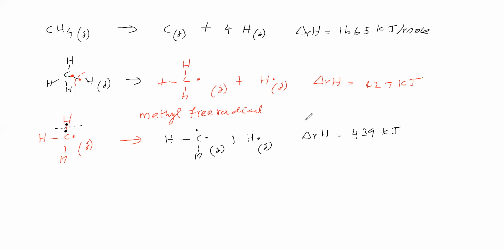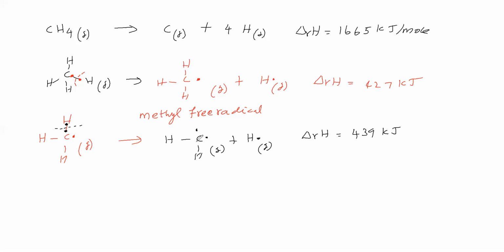What is the reason? Here methane is a stable molecule. Here the methyl free radical is not stable, and here is the methylene diradical. For this, the stability is different. This carbon valence is satisfied, and this carbon valence is unsatisfied.